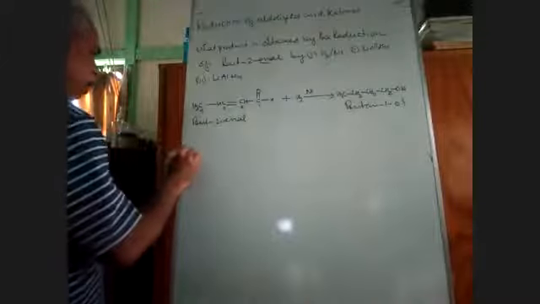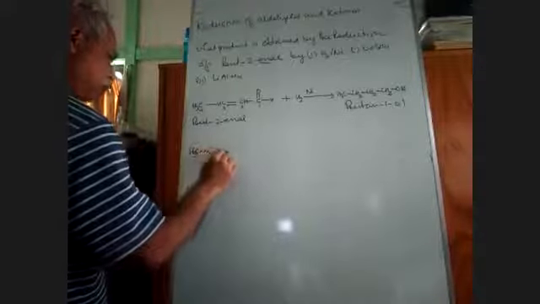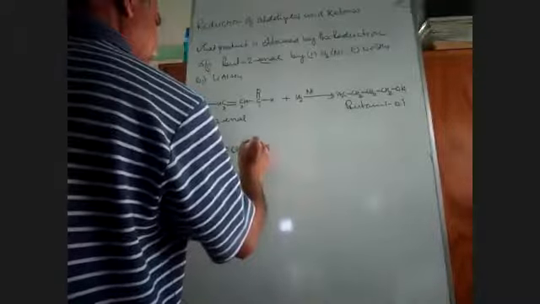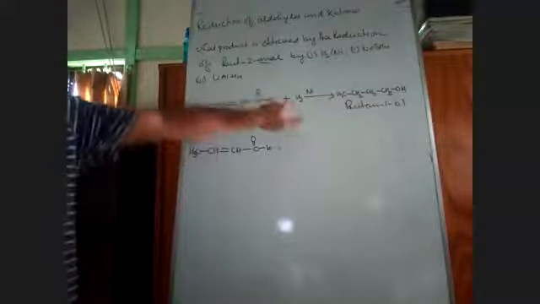Now we'll go for sodium borohydride. Generally, we are told that sodium borohydride only reduces aldehyde to alcohol and does not reduce the double bond. Sometimes sodium borohydride also reduces the double bond, but it is not as efficient as hydrogen.